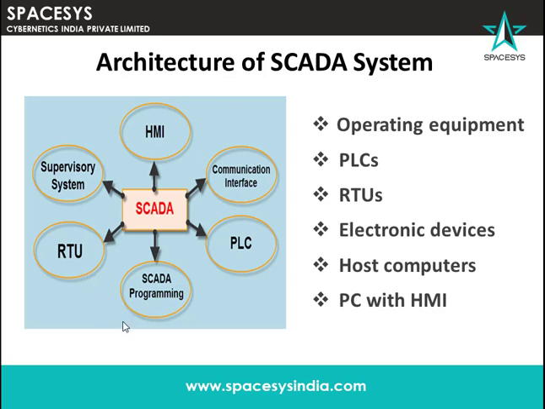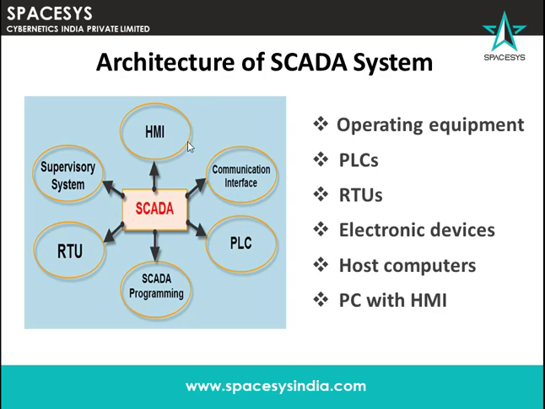SCADA software is responsible for SCADA programming, which means we can design, visualize, and display the process representation using the SCADA software. SCADA software is installed in a system which is called host system or host computers, which means supervisory system, and it is used for supervising purpose. So the supervisory system plays a very important role, and other components include PLCs, RTUs, communication interface, HMI, etc.